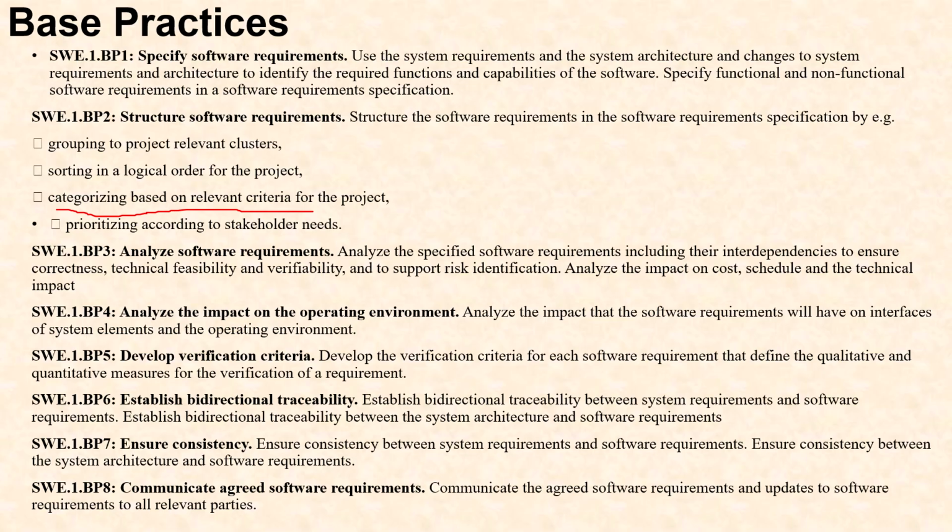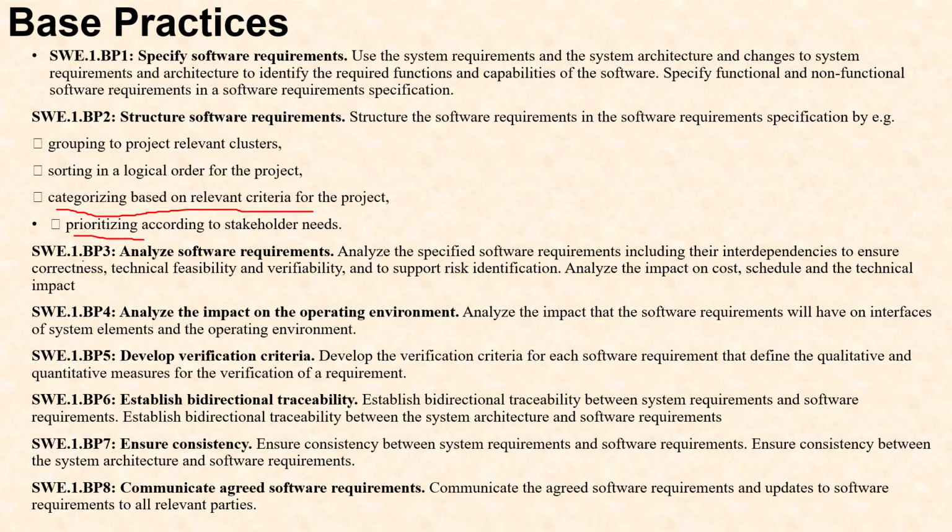Based on that itself, it can be categorized. And prioritizing according to stakeholder needs. In the previous slide I explained to you what is the importance of this word prioritizing and why this prioritizing is such an important act when it comes to software development.